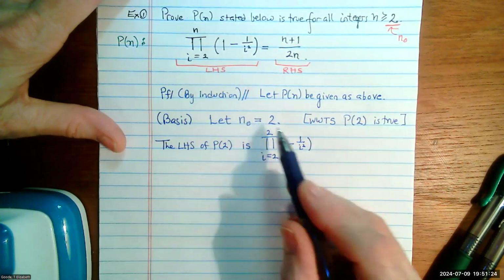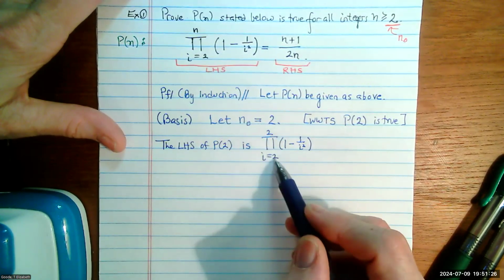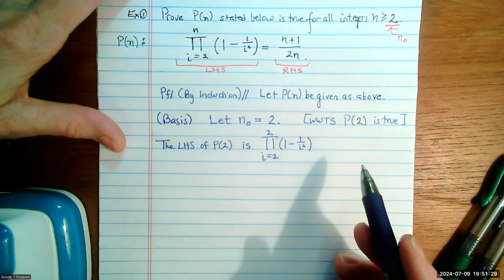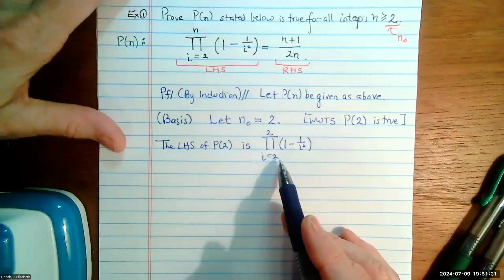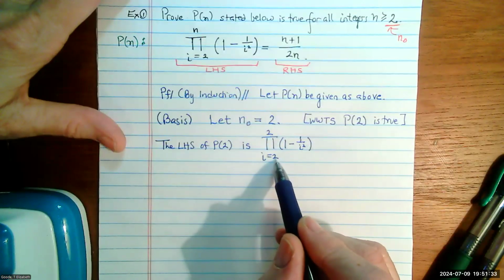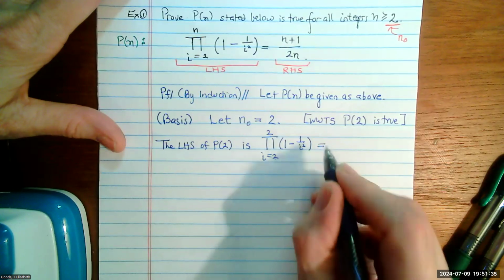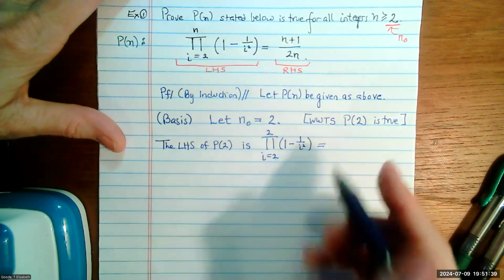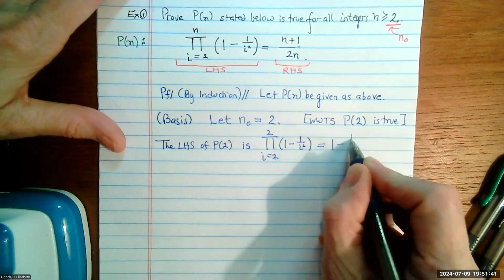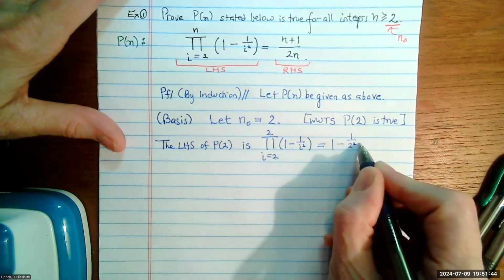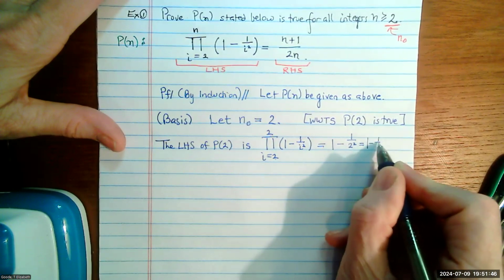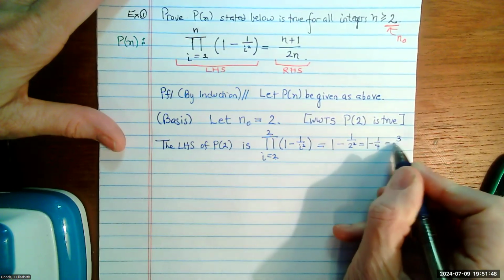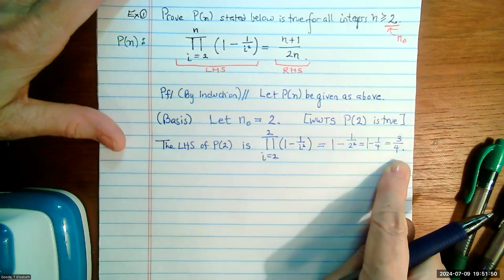Now, the lower limit and the upper limit are the same value, and that means we're just talking about the single term that's indexed with the number 2. So we just have only 2 to plug in for I squared. So it's 1 minus 1 over 2 squared. Of course, that's 1 minus a fourth, and that's 3/4. So the left-hand side evaluates to the number 3/4.